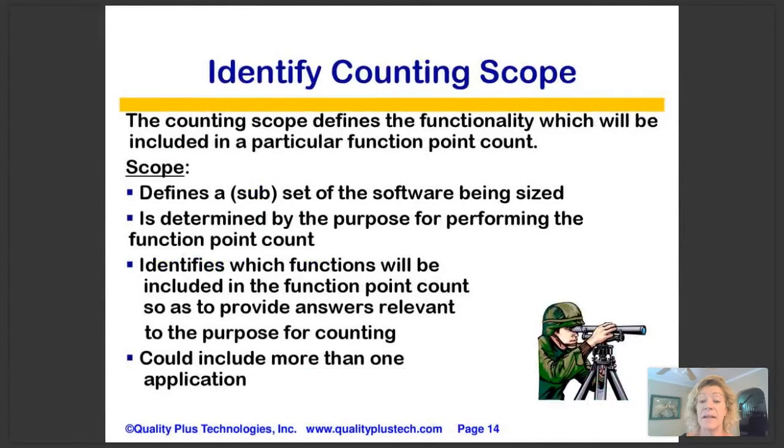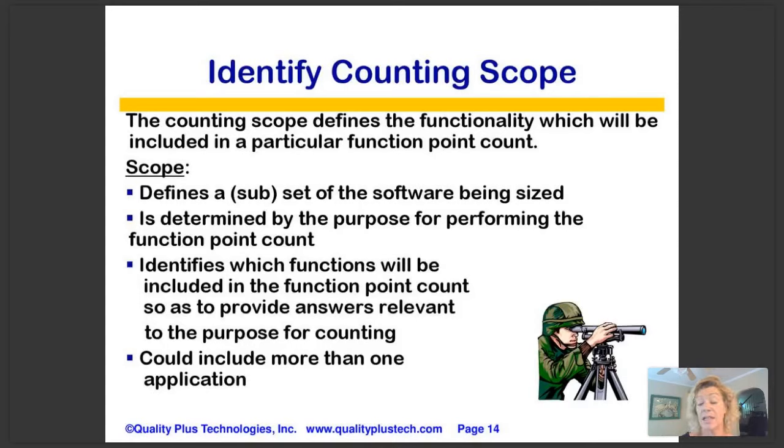We then identify the counting scope. And again, this is a definitional thing. A definition of counting scope defines a set or subset of functionality of the software being sized. It's determined by the purpose for doing the count, and identifies which functions will be included, so as to provide answers that are relevant to the purpose.